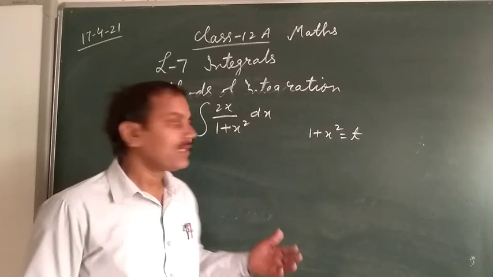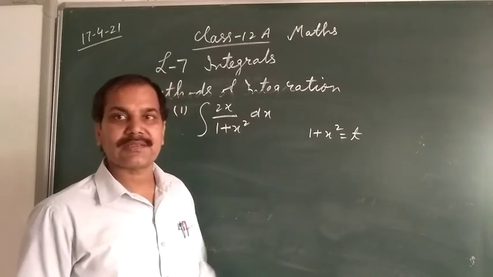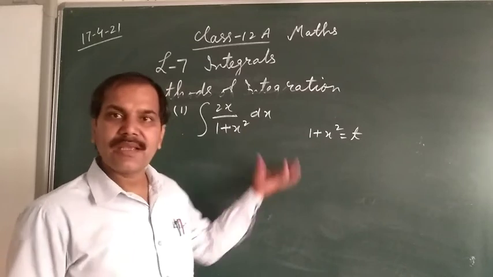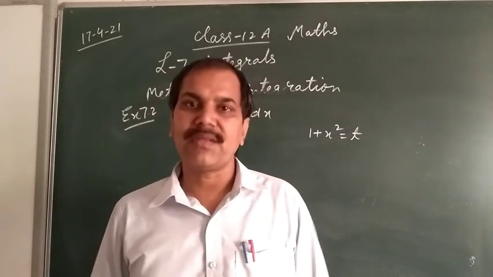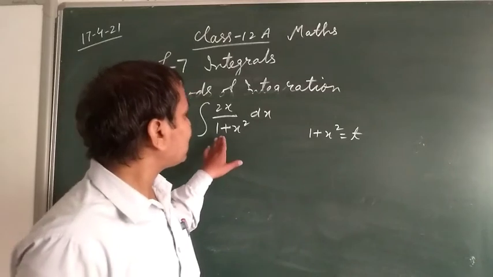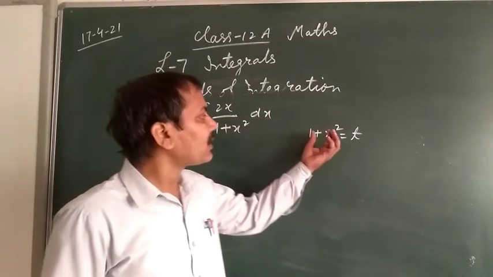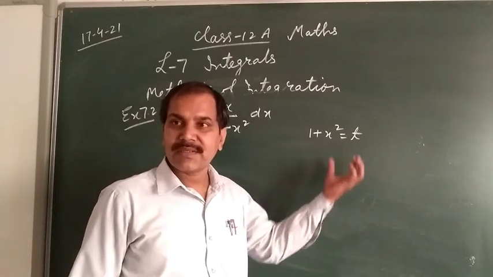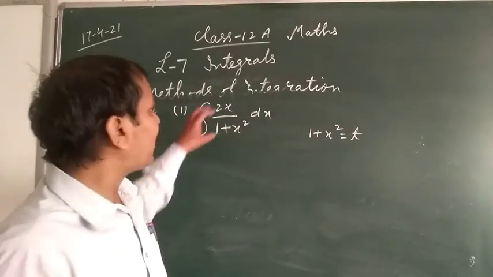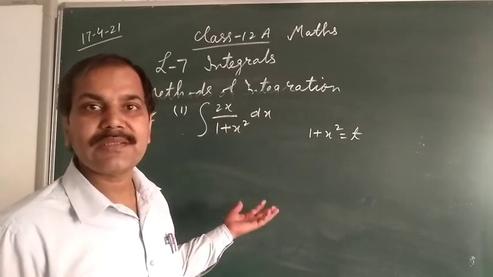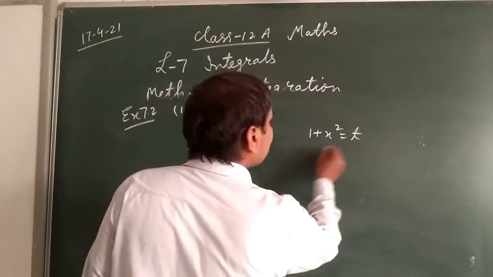This is the difference between differentiation and integration. In differentiation, any function we directly suppose t or u or v, but here you cannot suppose directly. First you think, because by supposing, whatever comes in its differentiation should also be arranged. If it is not managing, then you cannot suppose. So 1 plus x square is equal to t.